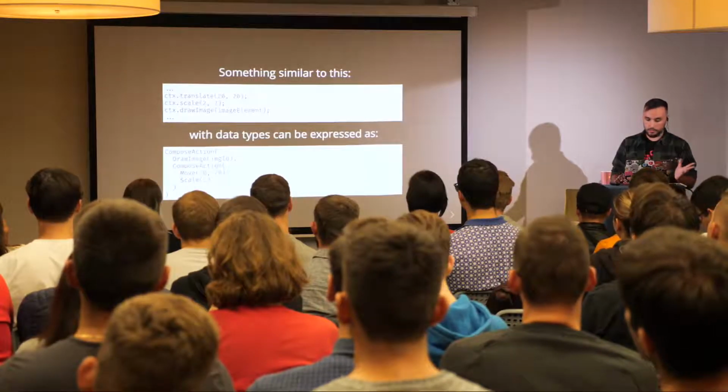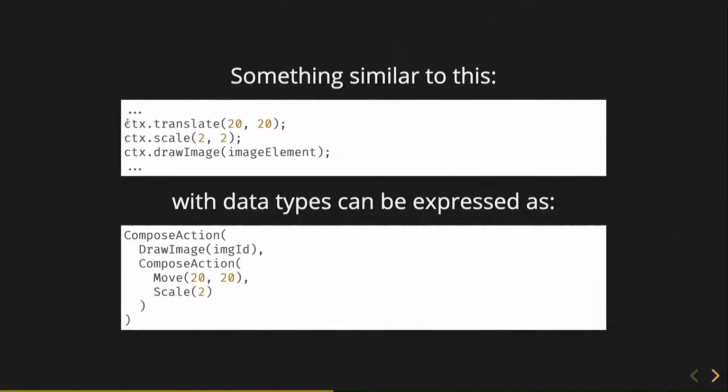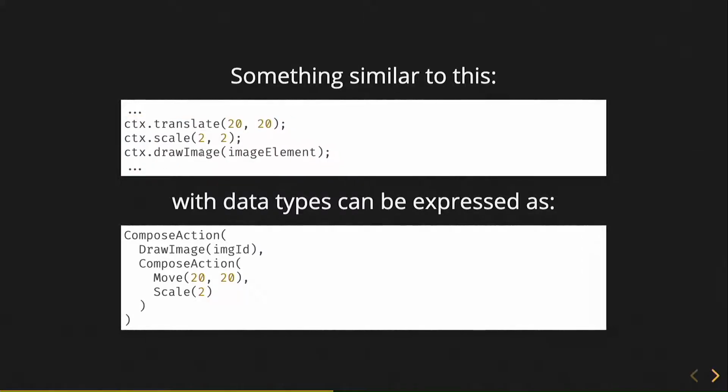And yeah, so this will look like this. Here you see the imperative API of Canvas, and this is how it can be presented with those types. So it looks like some abstract syntax tree, I don't know.